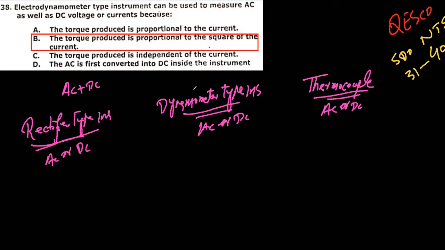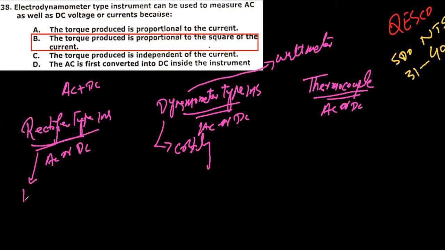Normally in our home, we mostly use it as a watt meter. But the disadvantage is that it is costly. And this has less cost, but accuracy is the same as the dynamometer type instrument.